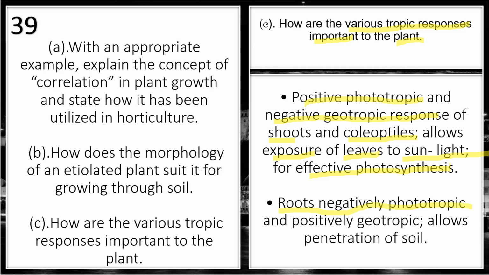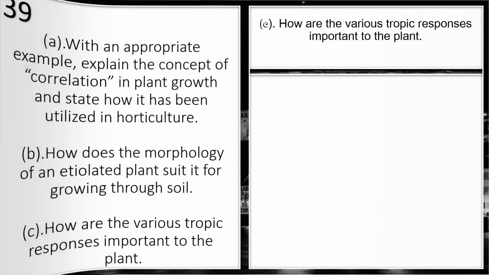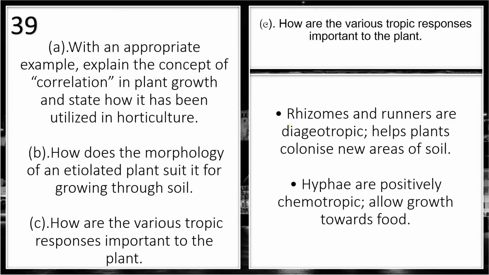Root negative phototropic and positive geotropic responses allow the penetration of soil. Rhizomes and runners are plagiogeotropic, which helps the plant colonize near areas of the soil.